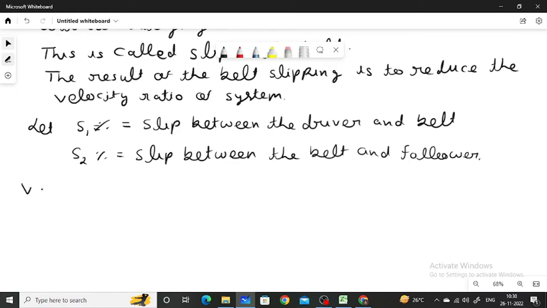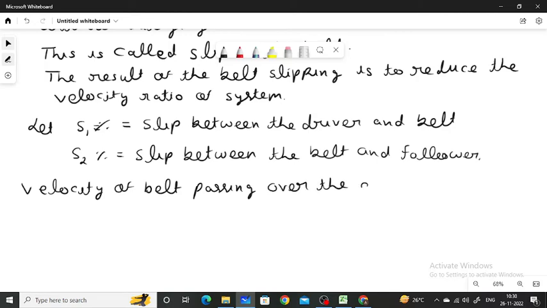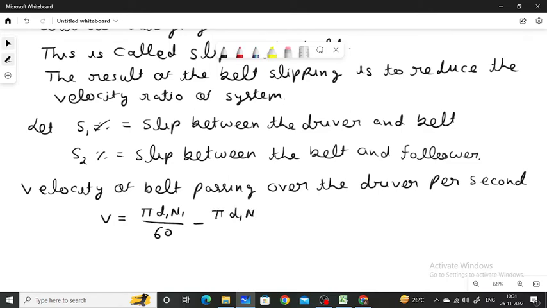Then the velocity of belt passing over the driver per second is V equal to pi d1 n1 by 60 minus pi d1 n1 by 60 into s1 upon 100.